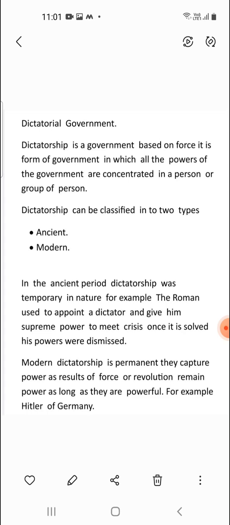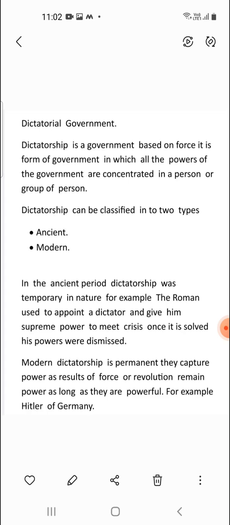Next, in a democratic government, we get liberty, equality, and fraternity for individual personality development. Then there is a fixed tenure. Then the next point, peaceful transfer of power, and the next point, spirit of tolerance. So this is all about monarchy and democratic government.